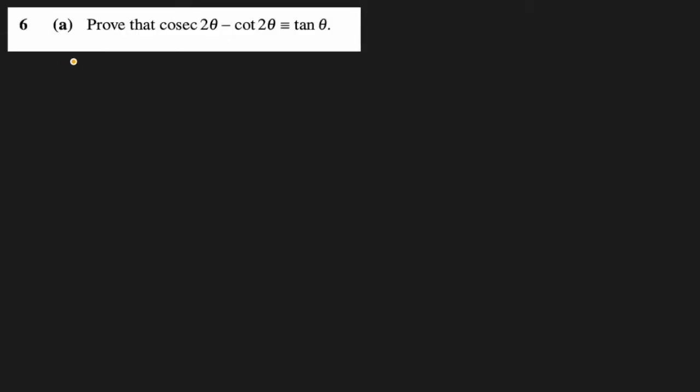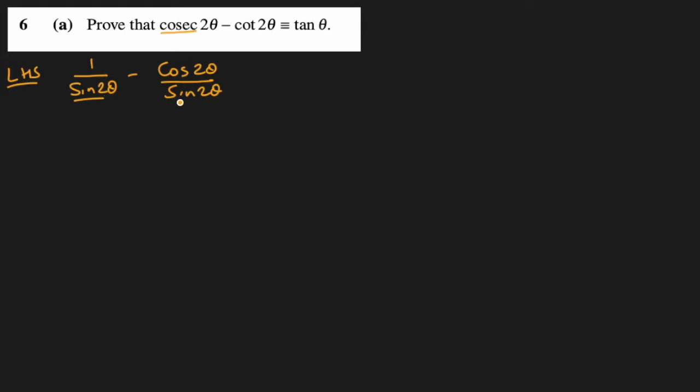Question number 6a asks us to prove the left hand side is equal to the right hand side. So let's focus on cosecant 2θ, which can be written as 1 over sin 2θ. I'm focusing on the left hand side. Minus cot 2θ can be written as cos 2θ over sin 2θ.